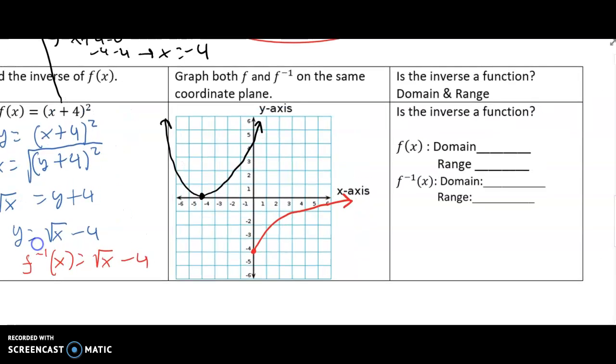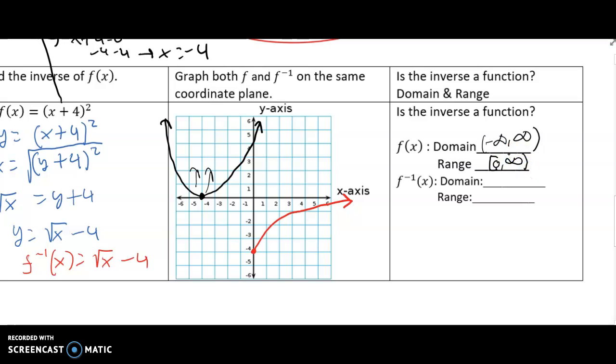Okay, so what's the domain of our f of x? It has all the x values to the left and to the right, so this domain is negative infinity to infinity. Our range, however, its lowest value is 0, and then it has everything above 0, so our range is 0 to infinity.